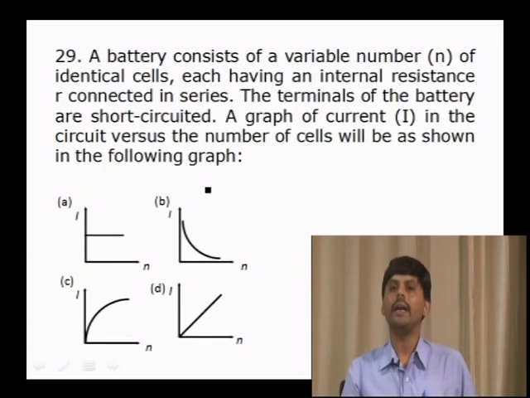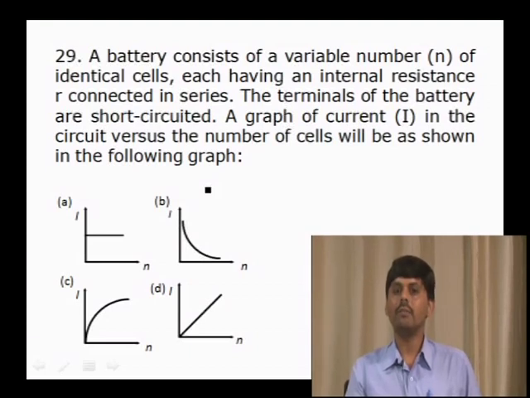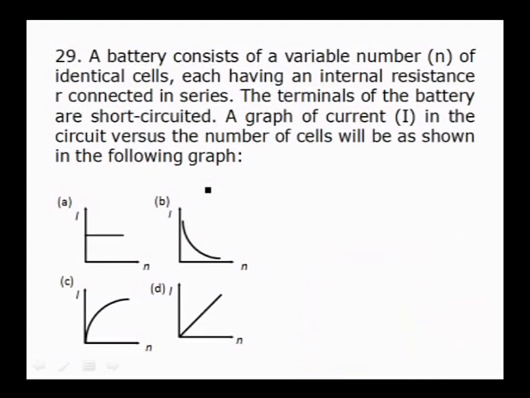Question number 29. A battery consists of a variable number N of identical cells, each having an internal resistance r, which are connected in series. The terminals of the battery are short circuited. The graph of current I in the circuit versus the number of cells is shown in the following graphs.